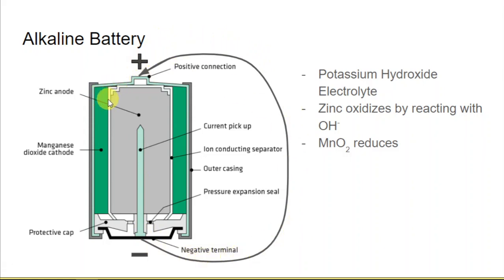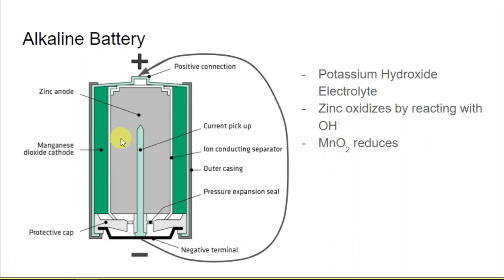At the cathode, there's manganese 4 oxide, also called manganese dioxide. Reduction always happens at the cathode. So the manganese dioxide is reduced and gains the electrons coming from the anode.